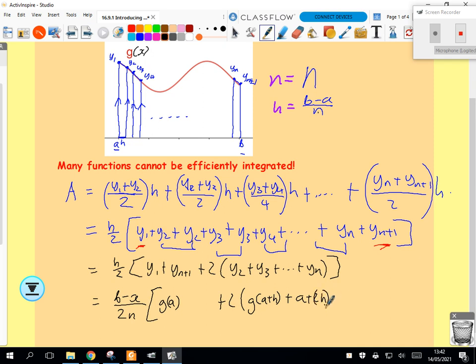And the height of the fourth offset would be g of a plus 3h.